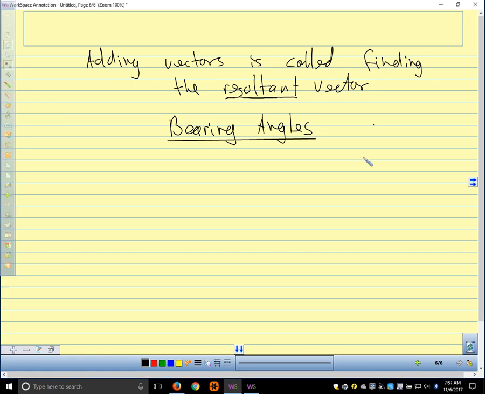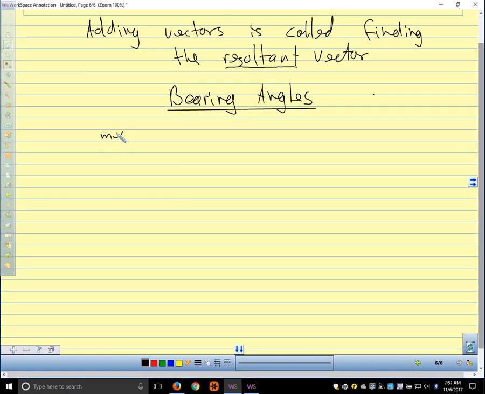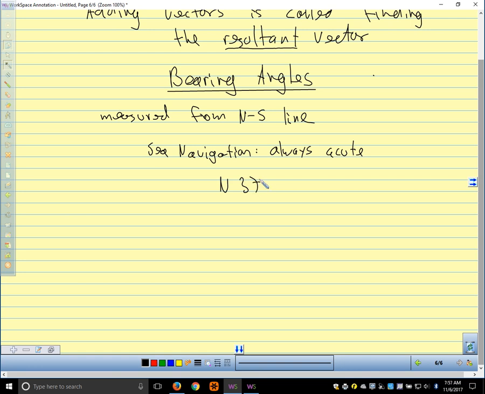They're always measured from the north-south line. In surveying and sea navigation, you might see something like this. For sea navigation, it also shows up for surveying. The bearing angle is always acute. And you'll see something like this, north 37 degrees west.